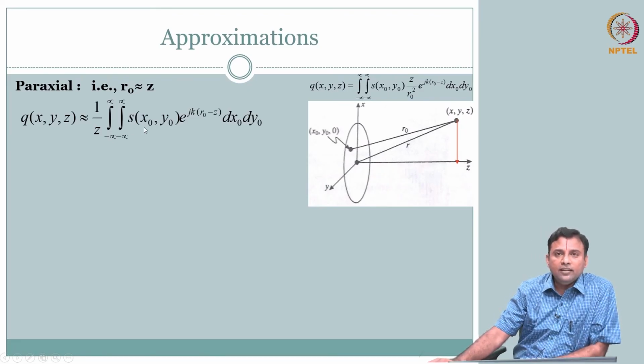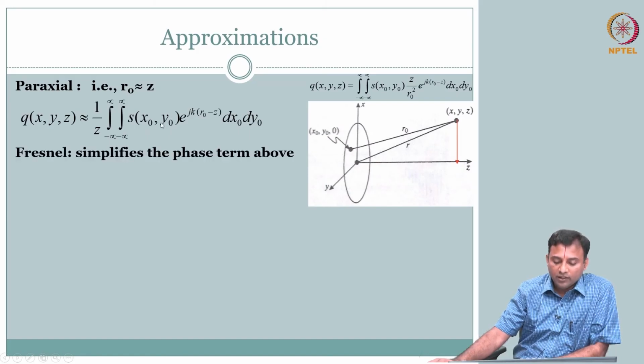This looks good. Can you recognize the form here? I have an amplitude term, and there is this phase term. If I have to simplify, I have to somehow simplify the phase term, and then maybe I can simplify this.